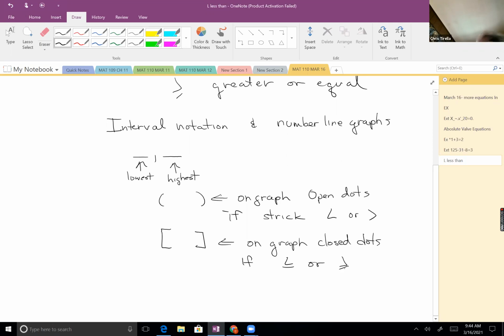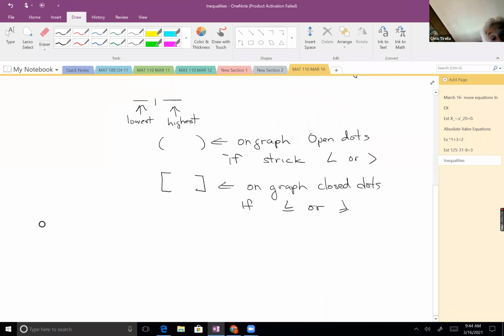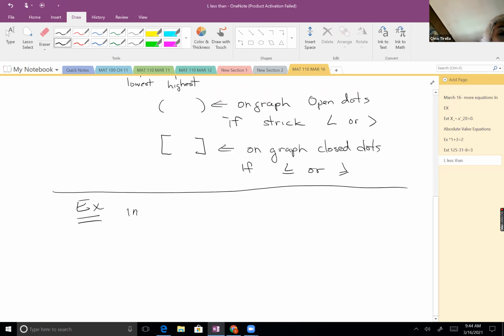And we had said that we could also mix the symbols depending on whether we had a strict inequality or not on both sides. For example, if I had an interval that was closed at -2, comma, open at 4, we could picture this on a number line.